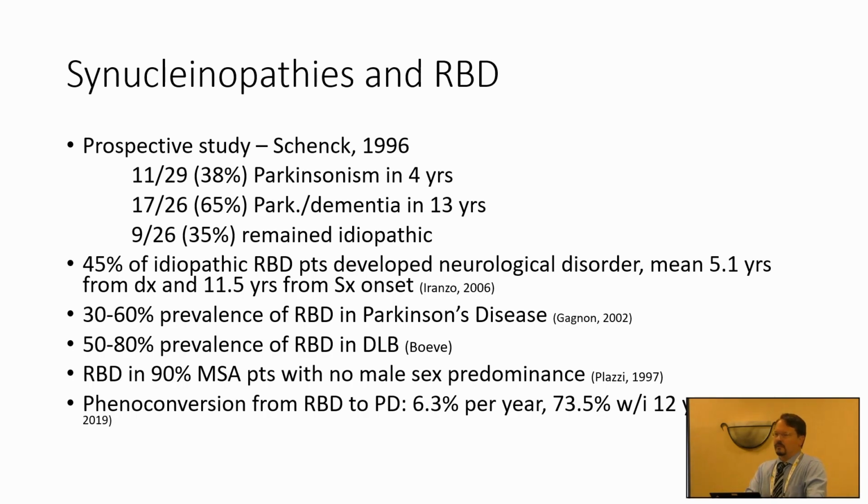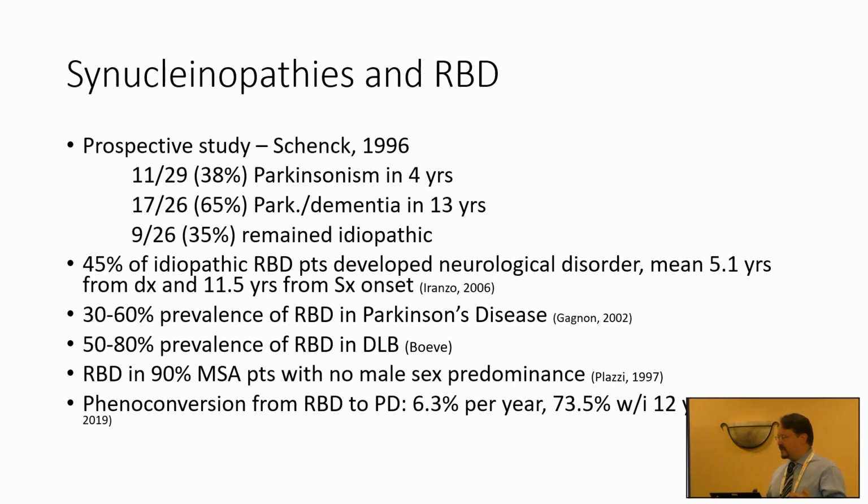Carlos Schenck, one of the first individuals to identify REM sleep behavior disorder, did a study a number of years ago where he found that in 4 years, 38% of those patients developed Parkinsonism. He extended that out and followed it over 13 years, and roughly 2/3 of them had developed either Parkinsonism or dementia. And at that 13-year point, still about 1/3 or a little better remained idiopathic, where there was no association with any of the synucleinopathies.